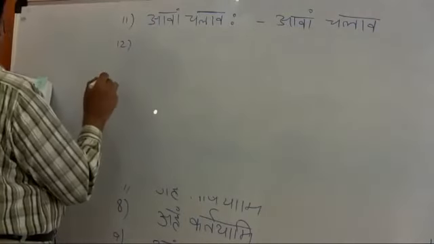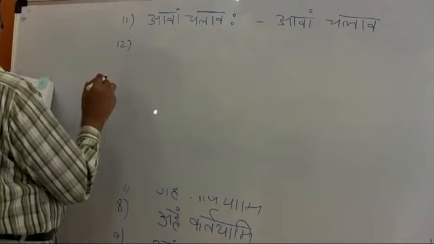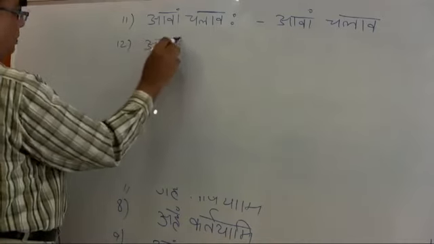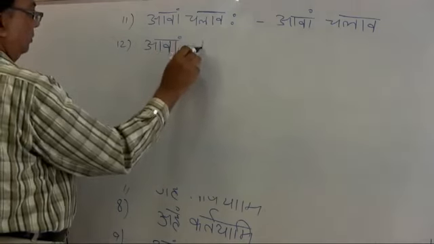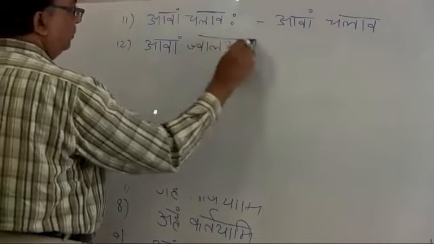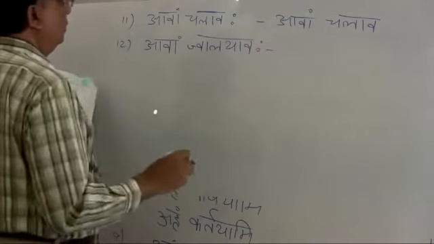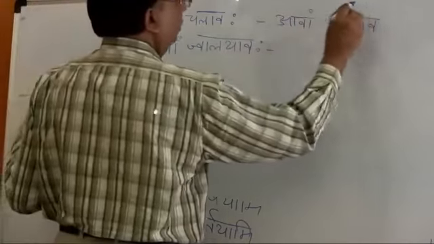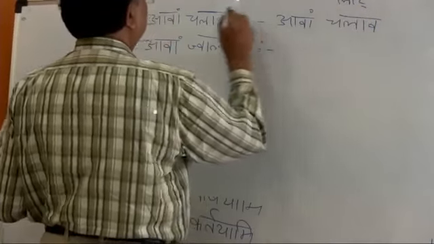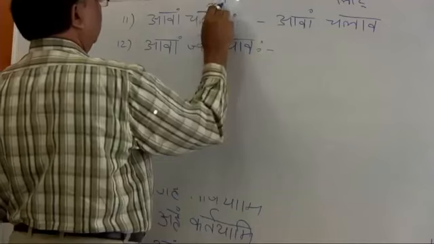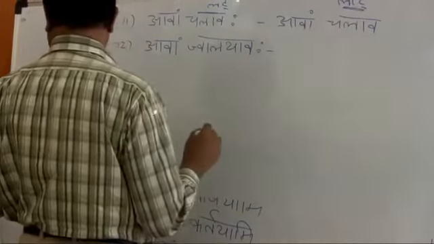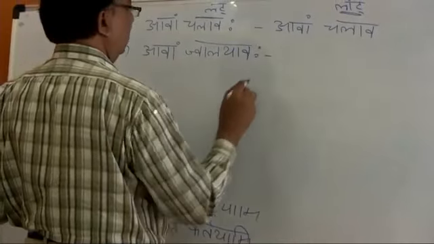The 12th one is given as Avam jwalayavaha. Avam is the subject here. This is imperative mode, lot. I am writing on the top. This is lat, present tense. Jwalayavaha.